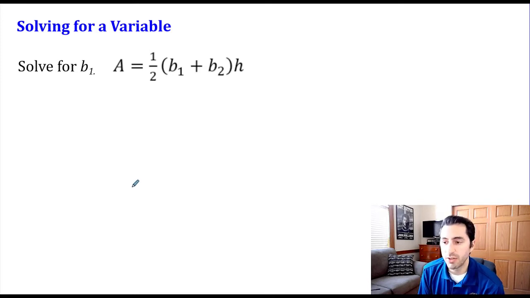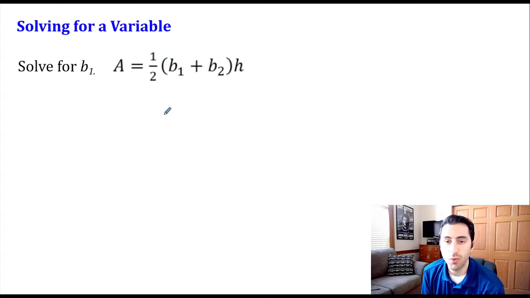Same process as if I was solving any equation. I need to use my algebraic properties to rearrange this so that B1 is isolated. What I'm going to be thinking about is basically inverse operations. So let's look at this 1/2 first.